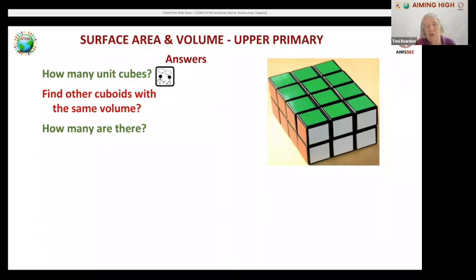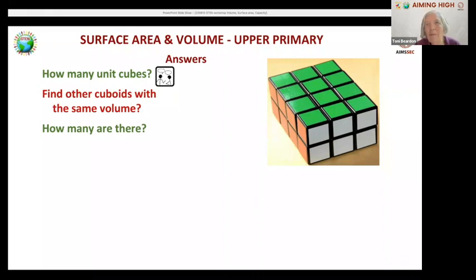So you want to take 24 little cubes to make it, and 2 by 6 by 2. Well, that would work, wouldn't it? 2 by 6 by 2, another one, 2 by 3 by 4, and we've had 2 by 6 by 2. And there's more.